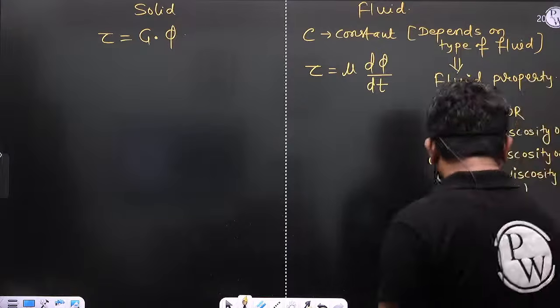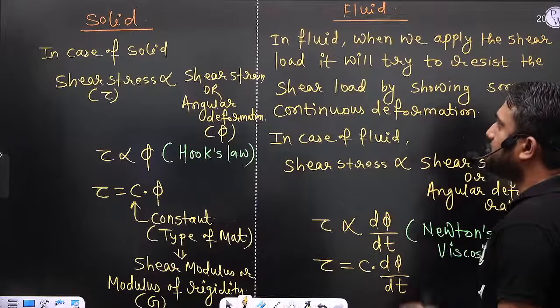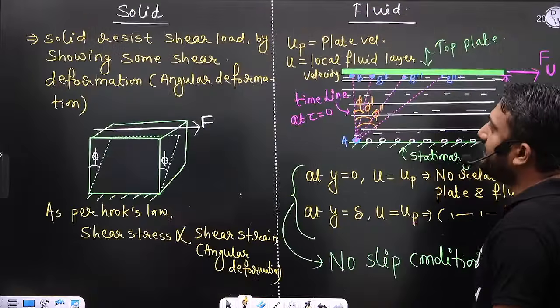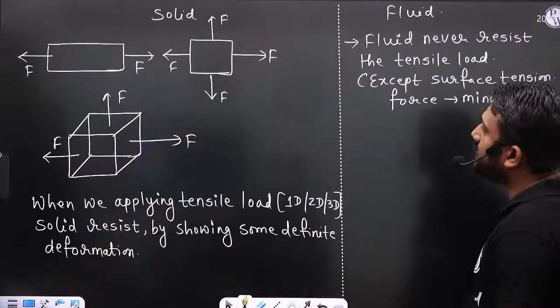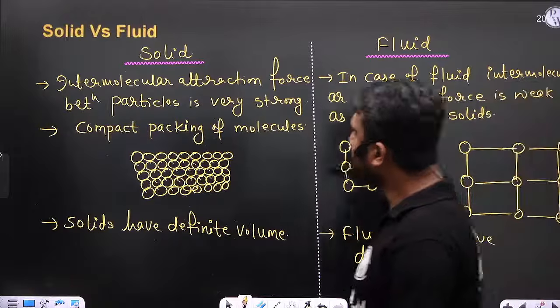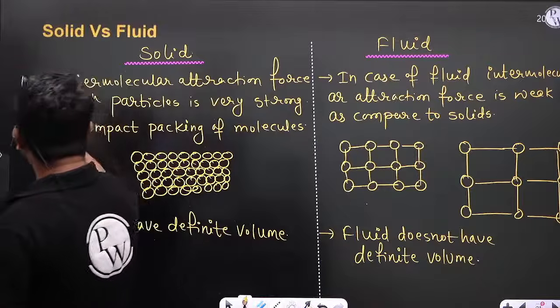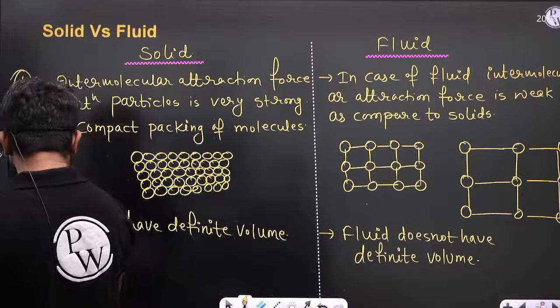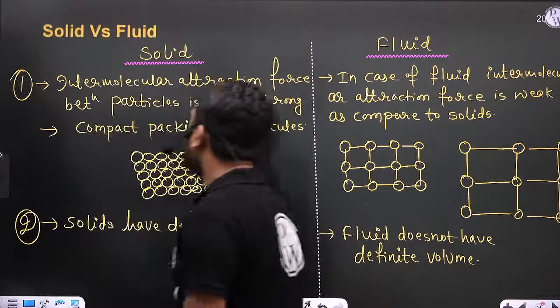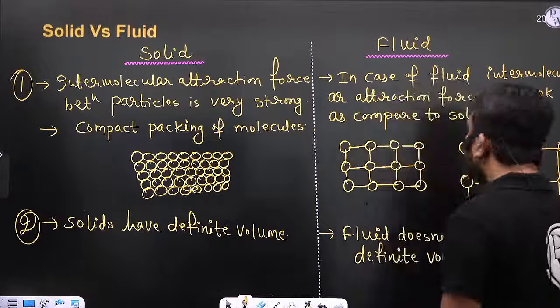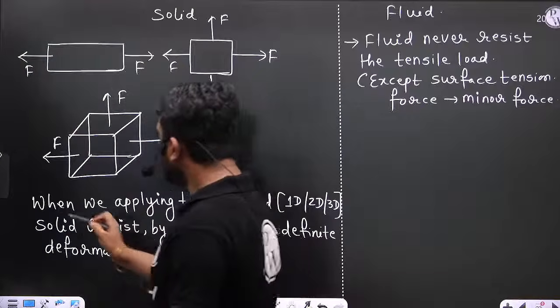Is it okay? Right, so this is the third difference. This is the first difference, this is the second difference between solid and fluid, and this is the third difference.